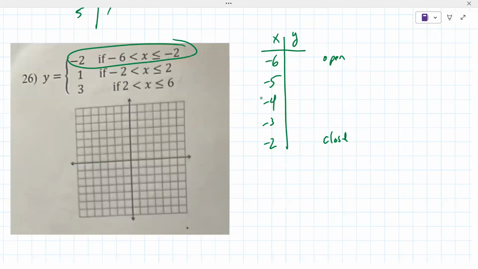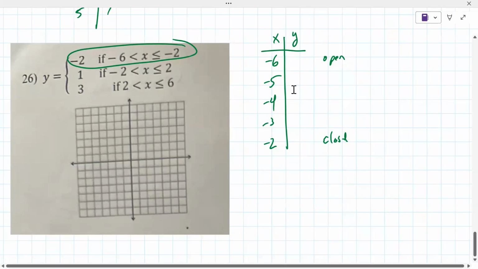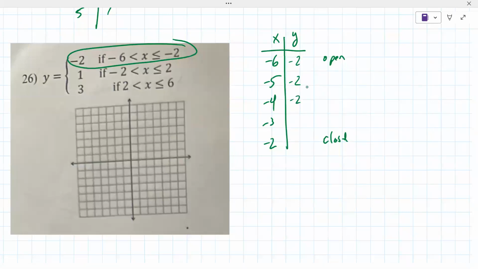All right. So what is the Y value for all of these? -2. So graphically, it's a horizontal line, -6, -2, and then -2, -2 like that. And then it's everything kind of connected in between.